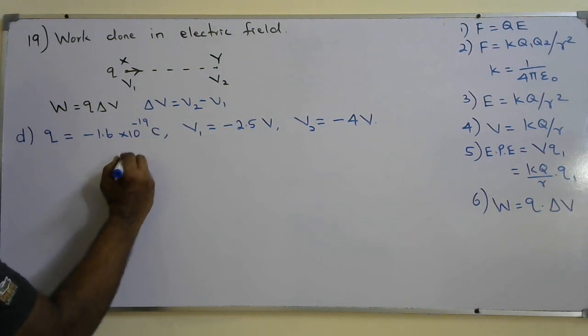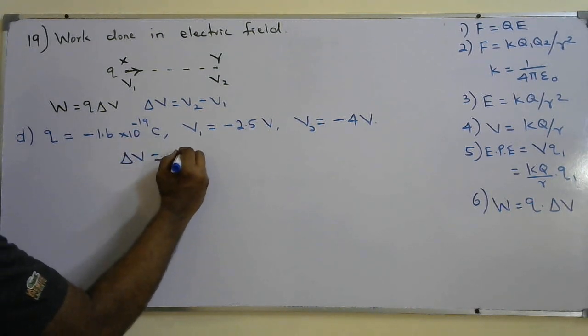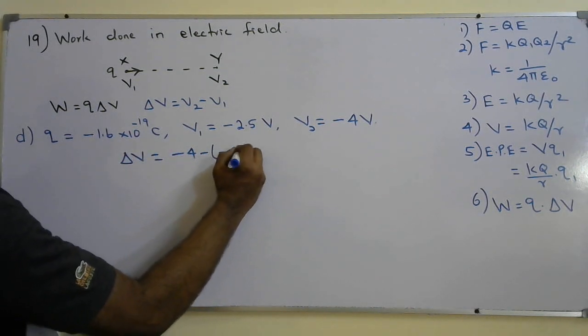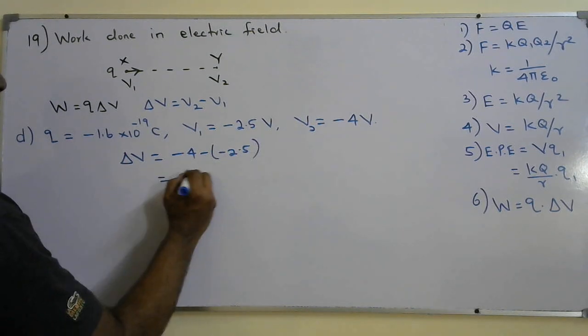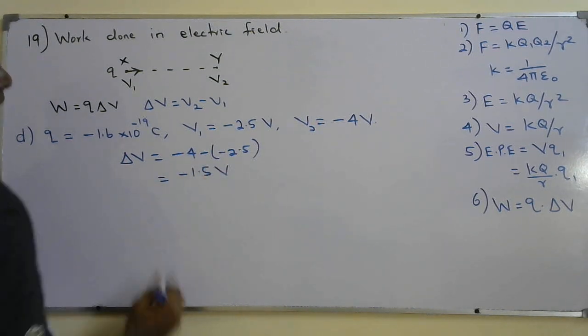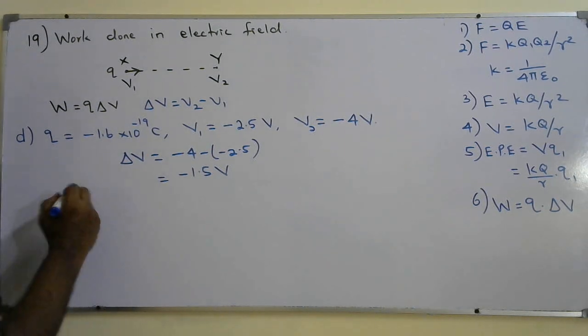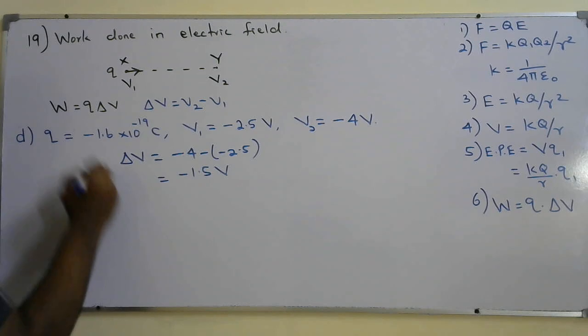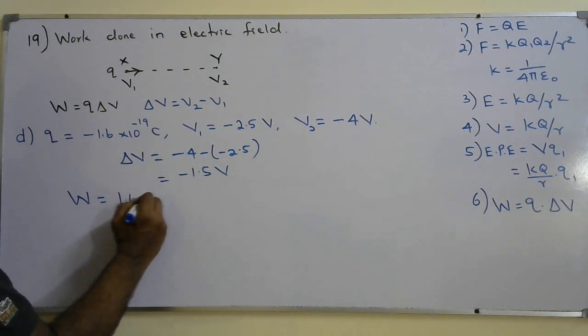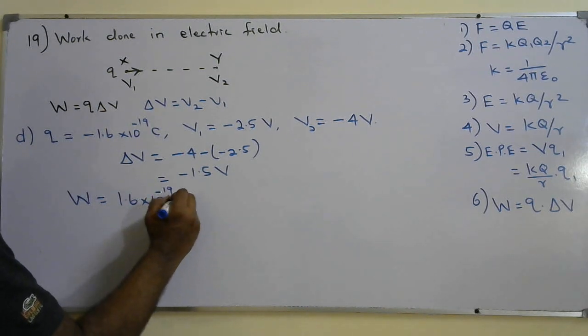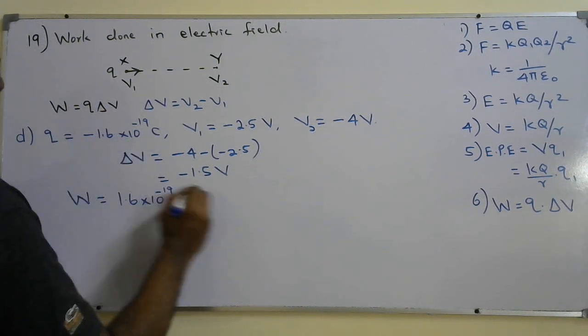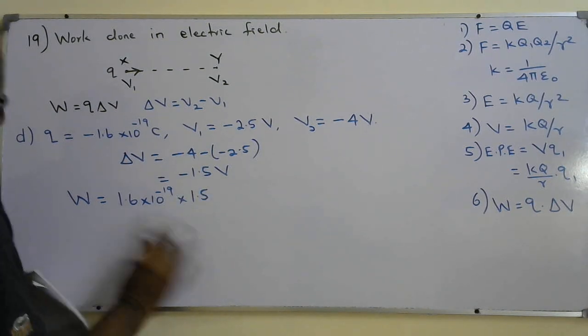So delta V, if you find V2 minus V1, is -4 minus 2.5, so it's going to be -1.5 volt. I can keep +1.5 when I consider the work done. So work done is equal to Q into delta V, 1.6 × 10^-19 into 1.5.